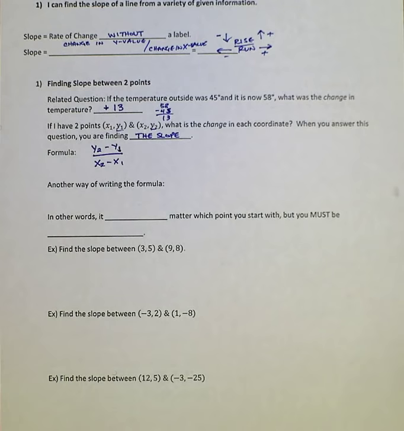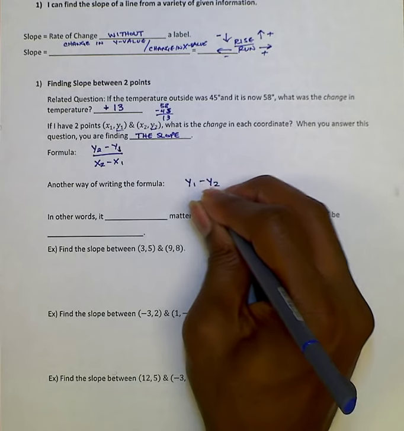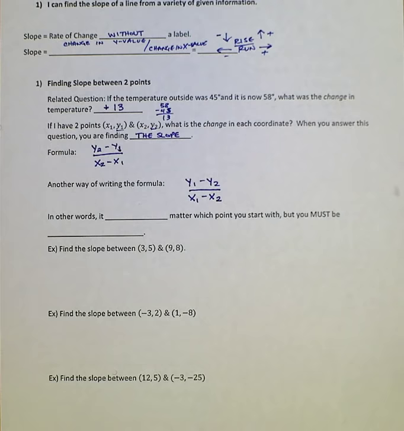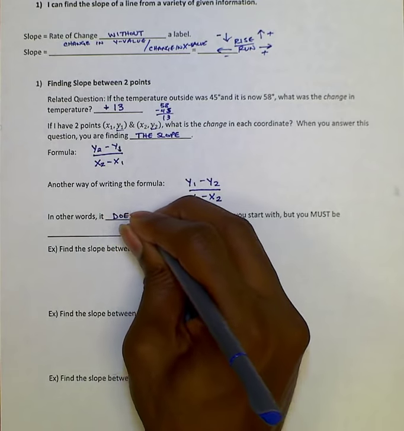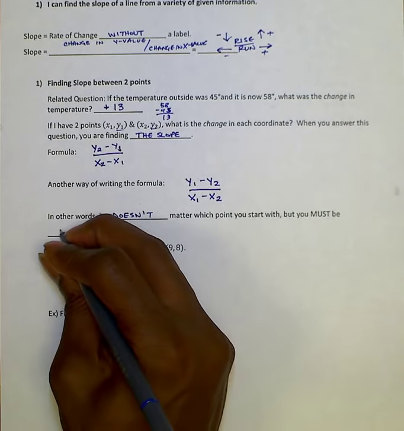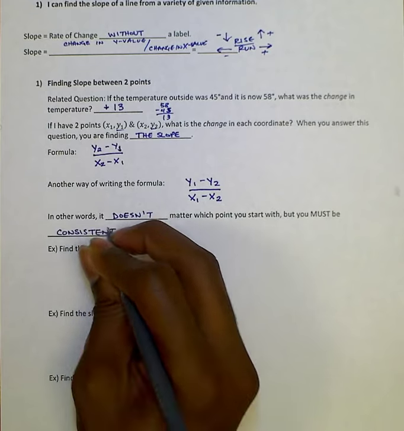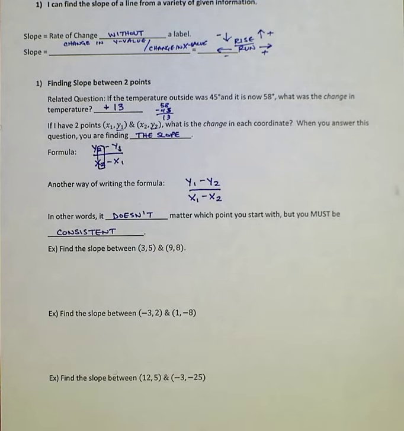Another way of writing the formula, you could have y1 minus y2 over x1 minus x2. Okay? In other words, it doesn't matter which point you start with. It doesn't matter what you call point 1, it doesn't matter what you call point 2, but you must be consistent. The thing that I'm going to point back to is I want you to notice that here we started with the 2's, the y from the second point, the x from the second point.